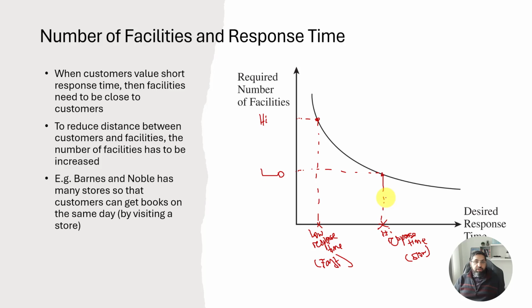Again, having regional distribution centers in every state by Amazon, and if they store that book in those regional distribution centers, they're able to give you next day delivery, or in some cases same day delivery, whereas one central warehouse will give you like 5 business days delivery. So this is the idea that as you increase the number of facilities that carry finished goods inventory, you shorten the distance to the end customer, and you're able to provide faster response, which means lower response time, right? Because low response time is faster.